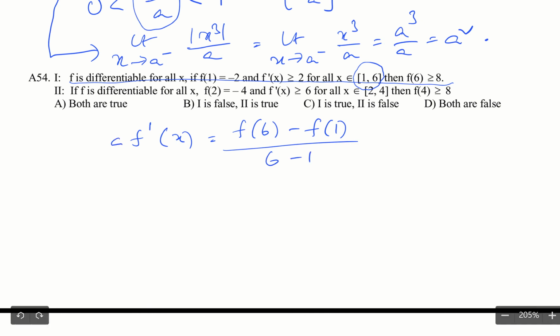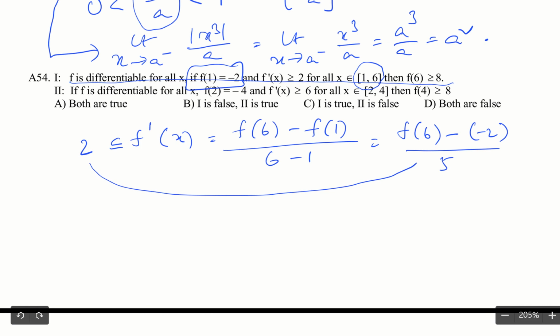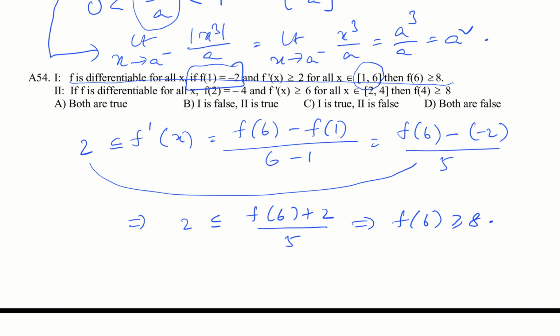Now he gave f'(x) is always greater than or equal to 2, and f(6) I keep as it is, minus he gave f(1) as -2/5. So from this I am getting 2 is less than or equal to f(6) + 2/5, which gives me f(6) is greater than or equal to 8. And similarly you can do the second part also.